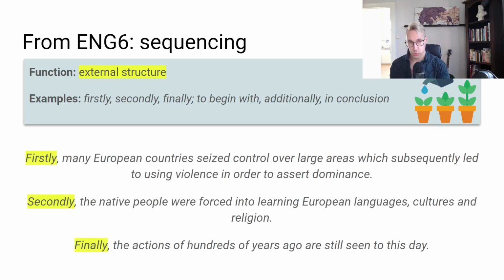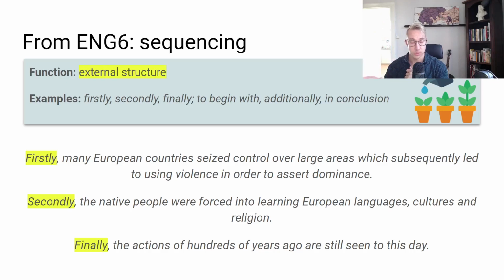And usually we create these by putting them at the beginning of a paragraph. This is where the external structure comes into play. What I mean by external is that it creates the external framework. It creates what's around the text or around your speaking.